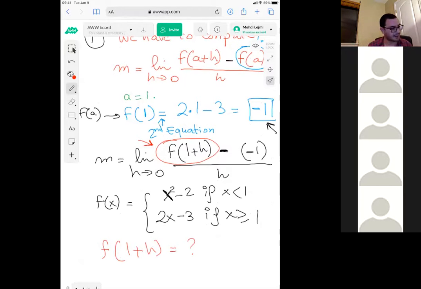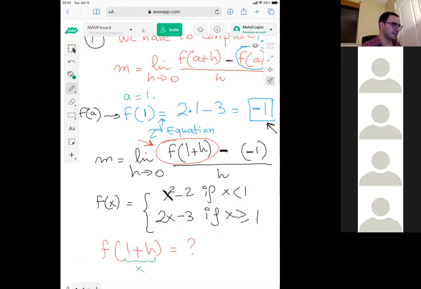X squared minus 2. The first one. Why is that? Because it's less than 1. What's x? X is supposed to be the 1 plus h, right? Here's my x, right? So 1 plus h, is it larger or less than 1?